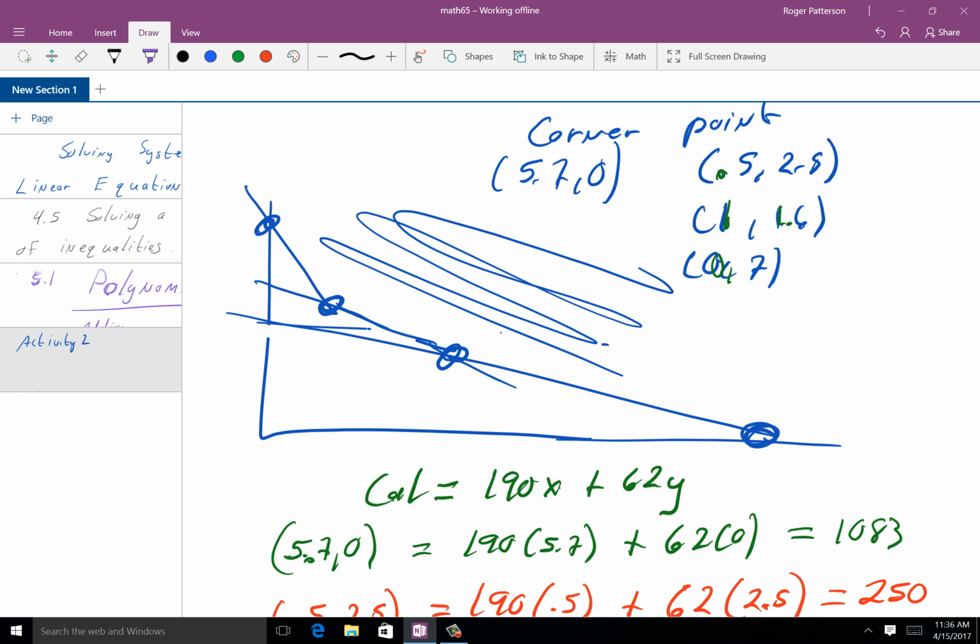Now, let me go back to this a little bit. If we didn't have this nice technology, and we needed to find this point between these 2 lines, how do you find that intersection point with 2 lines? What did we do to do that last week? Substitution or elimination. Okay?